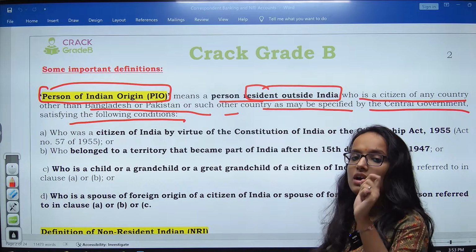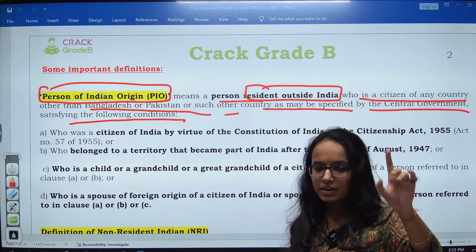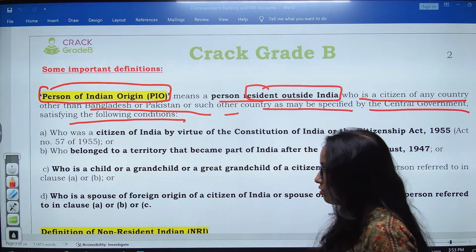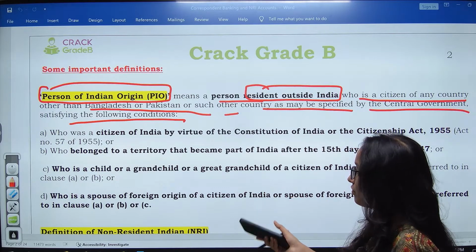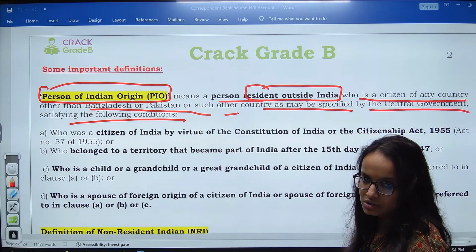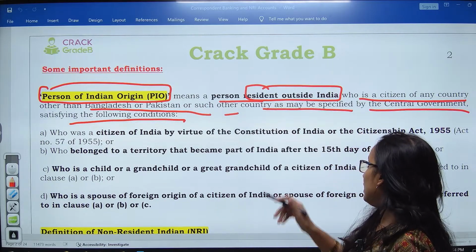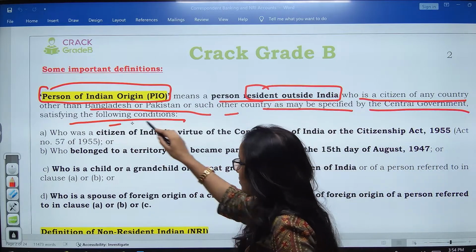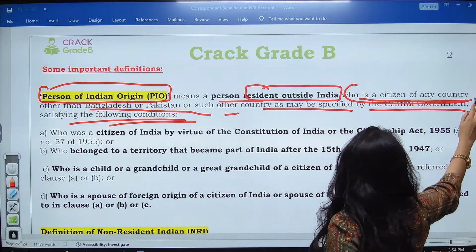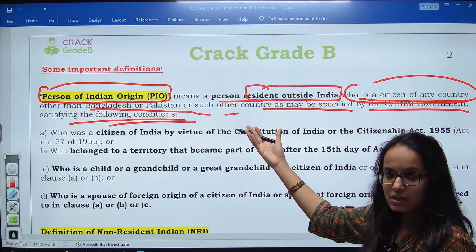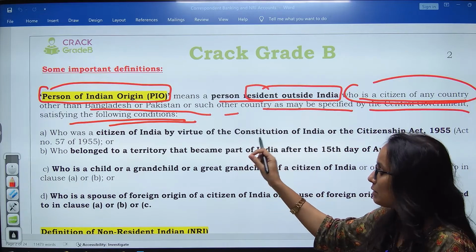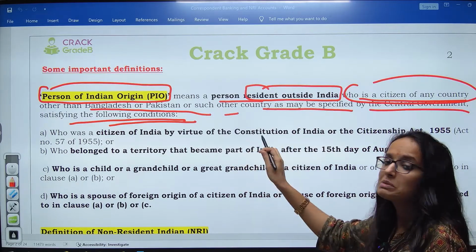So a person residing outside India who satisfies the following conditions will be known as a PIO, a person of Indian origin. But remember, the person might be residing outside India, but the person is a citizen of any country other than those specified by the central government.